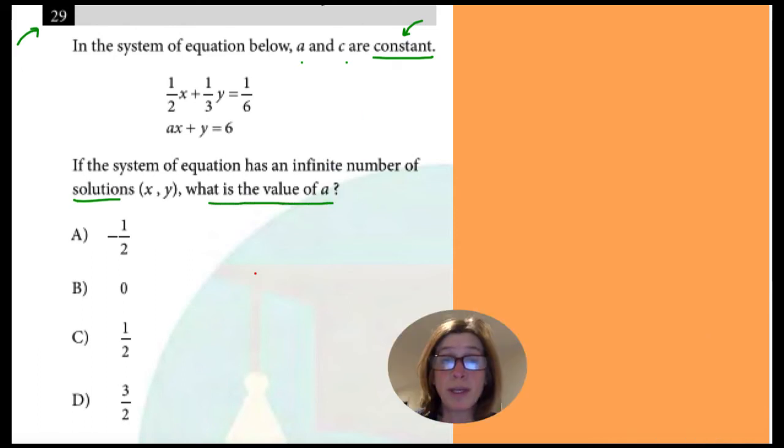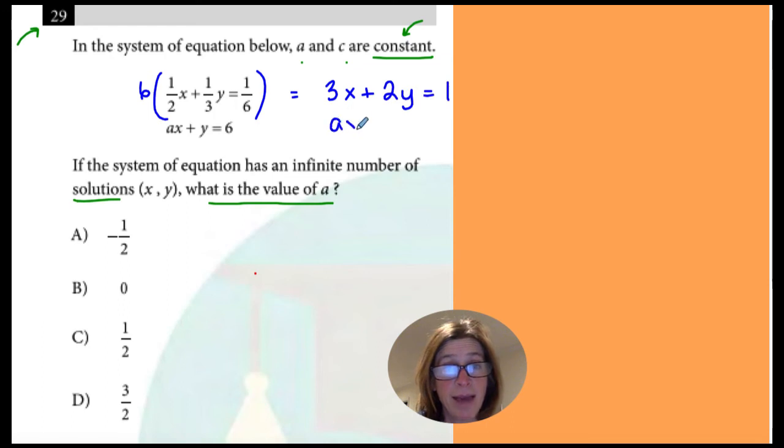Okay, so the rule is simplify first. I see the top has fractions. I am going to clear the fractions. I'm going to multiply by 6. That's going to give me 3x plus 2y equals 1. And then I have ax plus y equals 6.